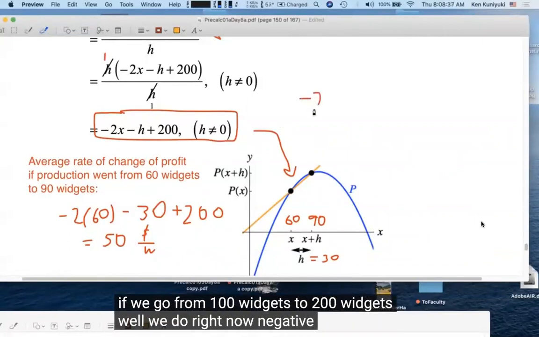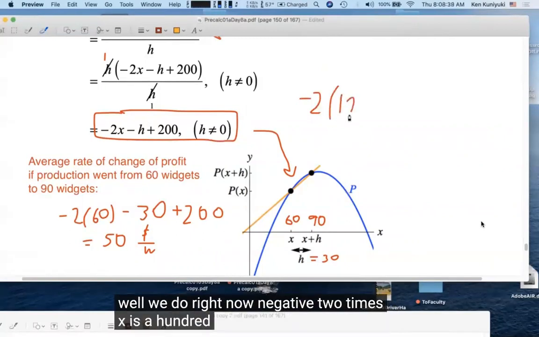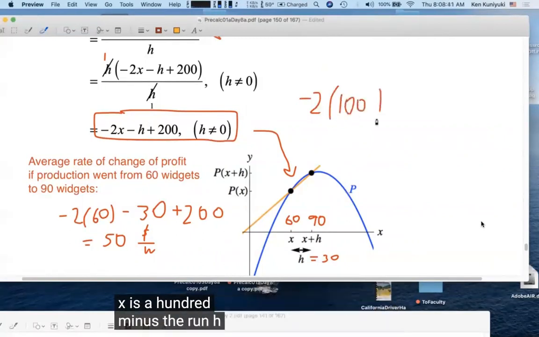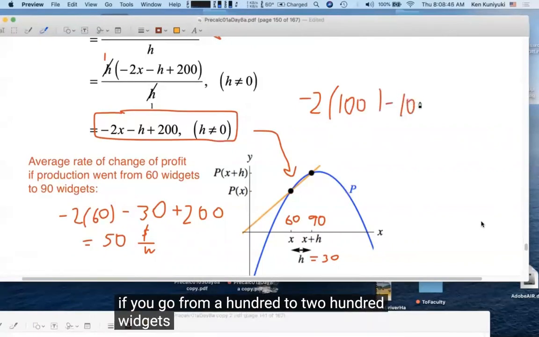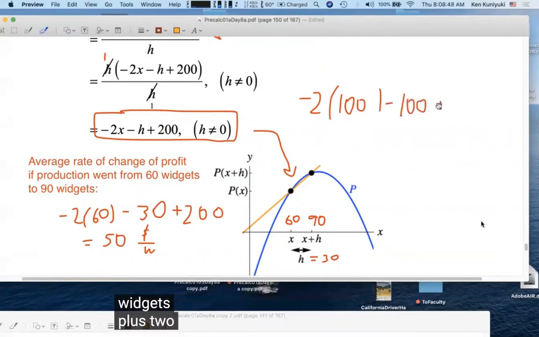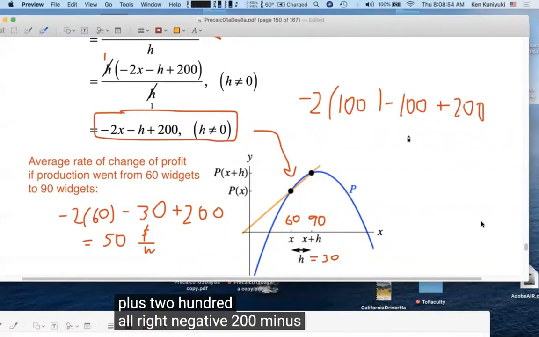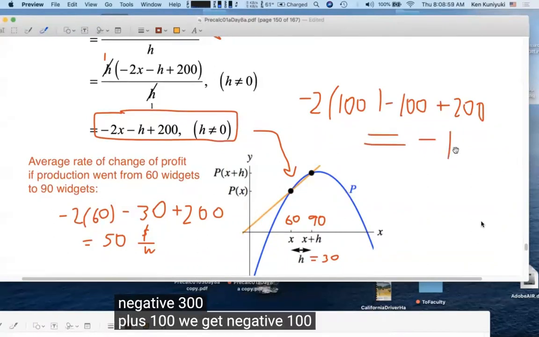Well, we do right now. Negative 2 times x is 100, minus the run h, which is also 100 if you go from 100 to 200 widgets, plus 200. Negative 200 minus 100, that's negative 300, plus 100, we get negative $100 per widget.